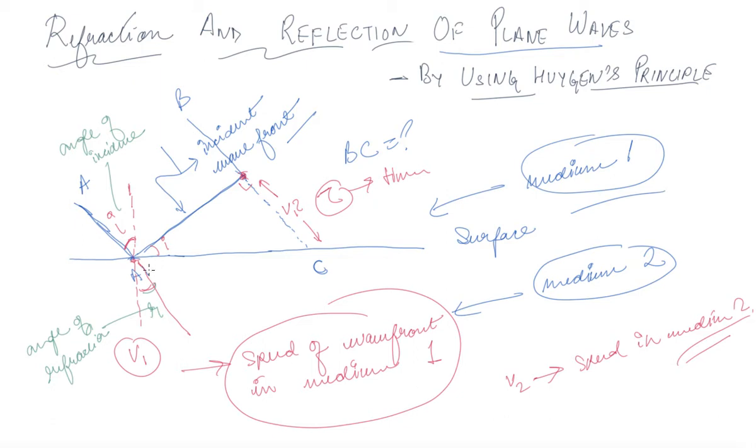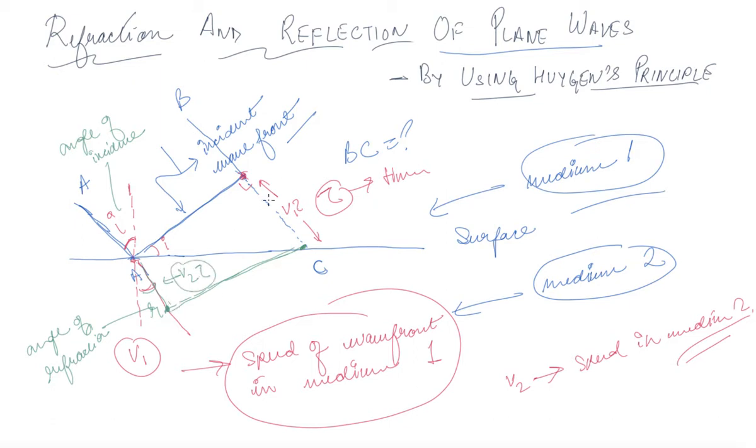So let this be somewhere over here. After that, let's join these 2 points. This is my point C. Okay, so we have joined. What is this length? This length is nothing but the velocity of this wave for the time interval tau, that is v2 tau.